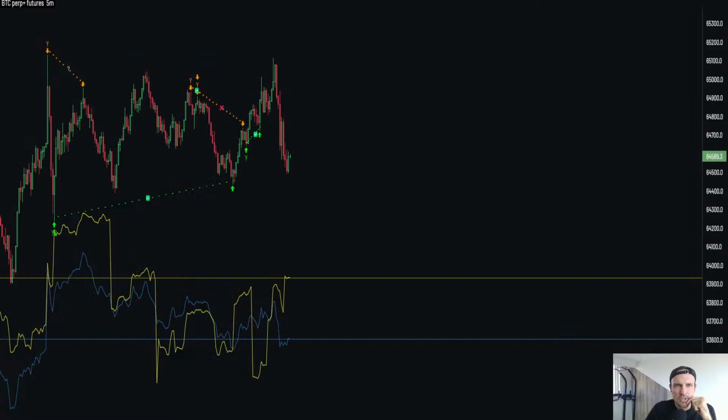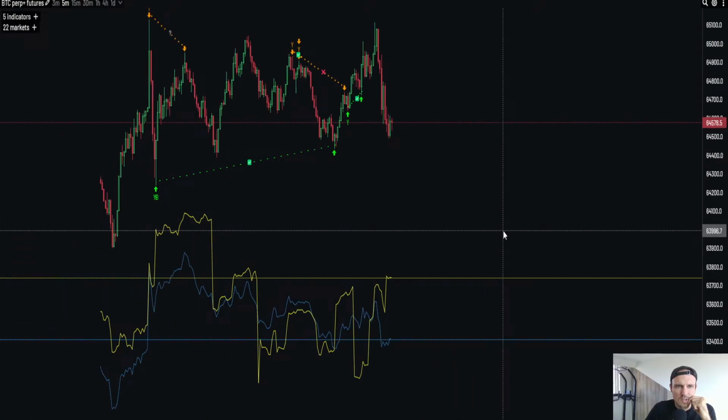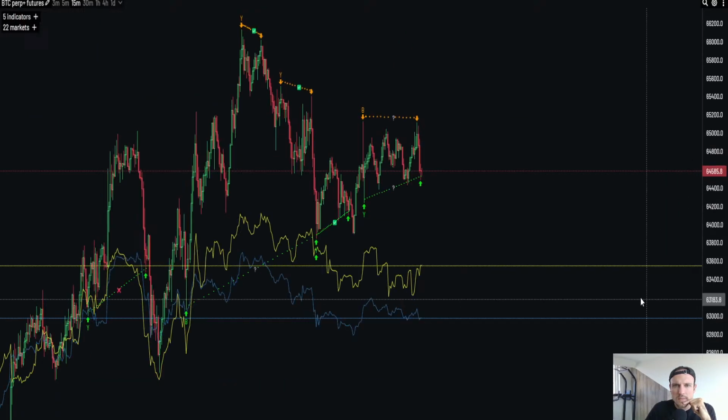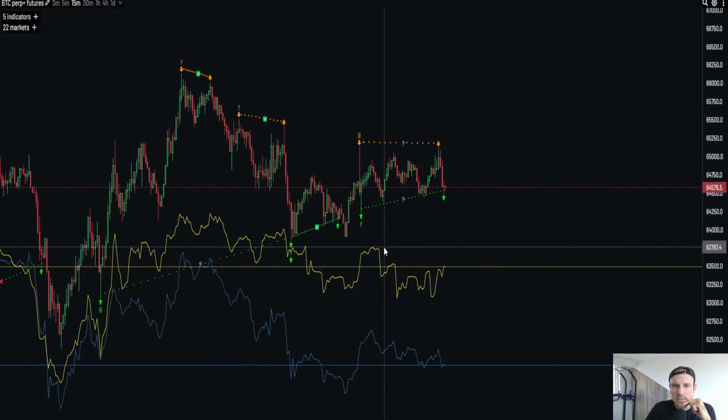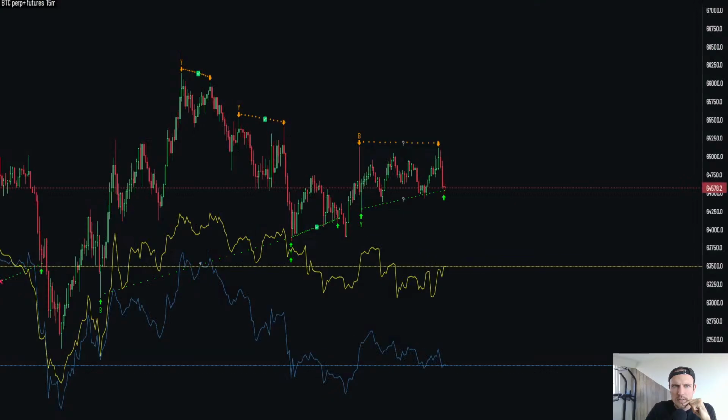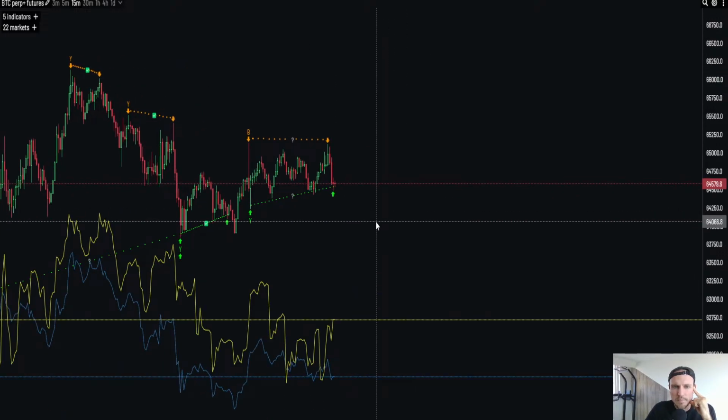The wick on the AGGR chart. This wick is on my chart as well. It's this one here. So yeah, it's pretty much the same.